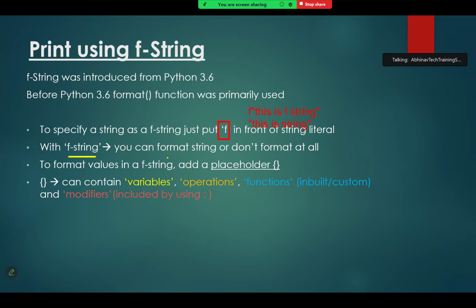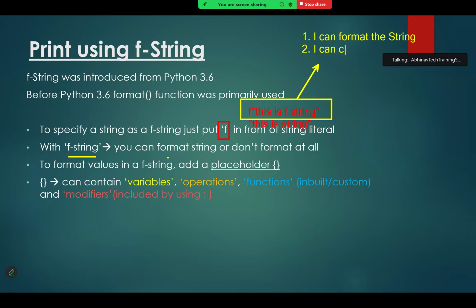Now with f string, what can we do? We can format a string, or we can choose not to format it. When we have created a string as an f string, I have two options. I can either format the string, or I can choose not to format at all.